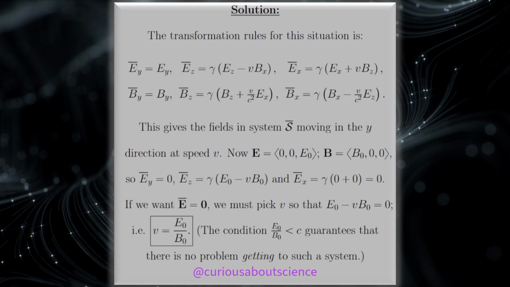So if we want E bar equals 0, we have to pick the condition here. We must pick v so that E naught minus v B naught equals 0. Hence, v moves at E naught over B naught. And the condition that E naught is less than C B naught, if we solve this for the ratio, guarantees that there's no problem getting to such a system.